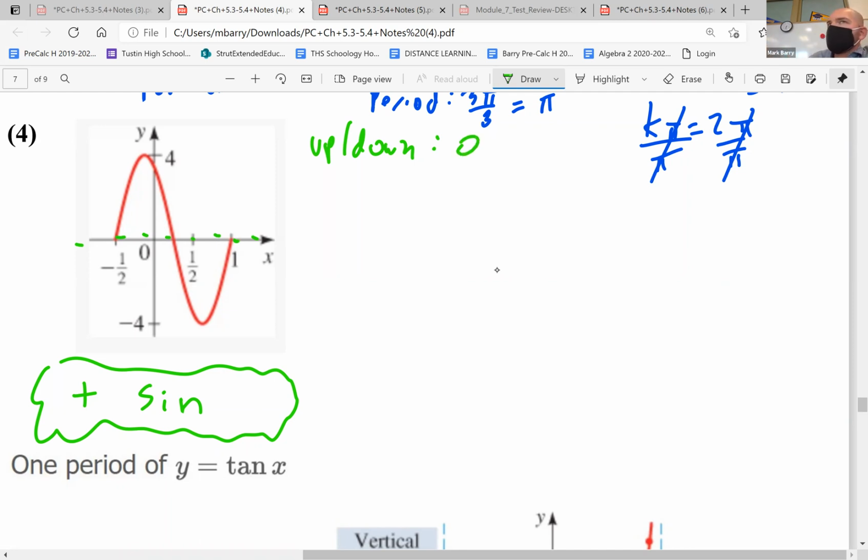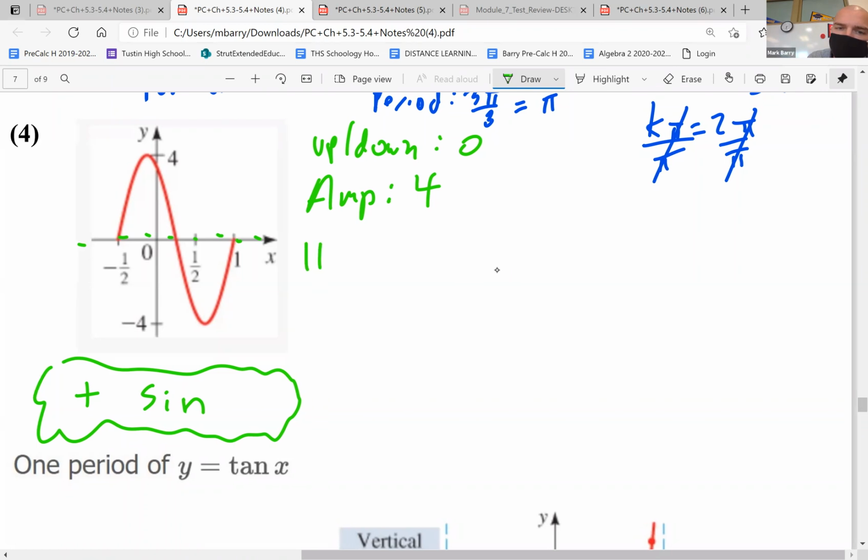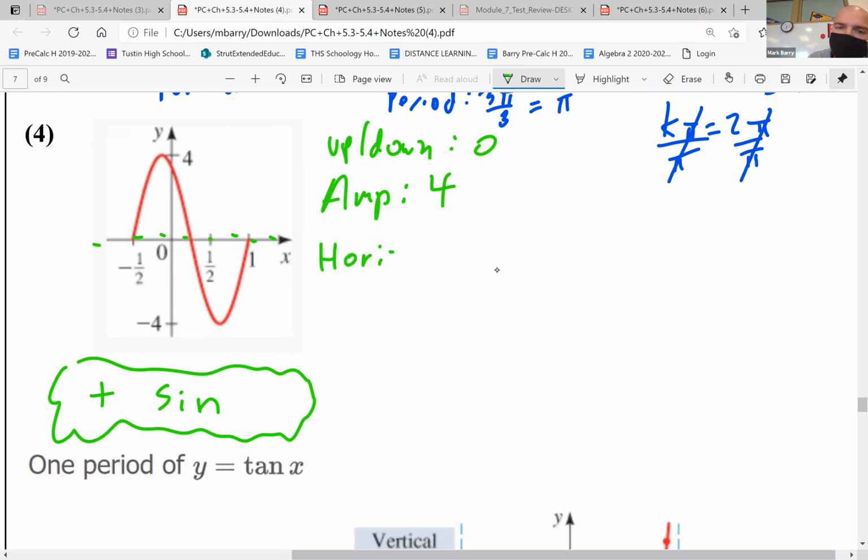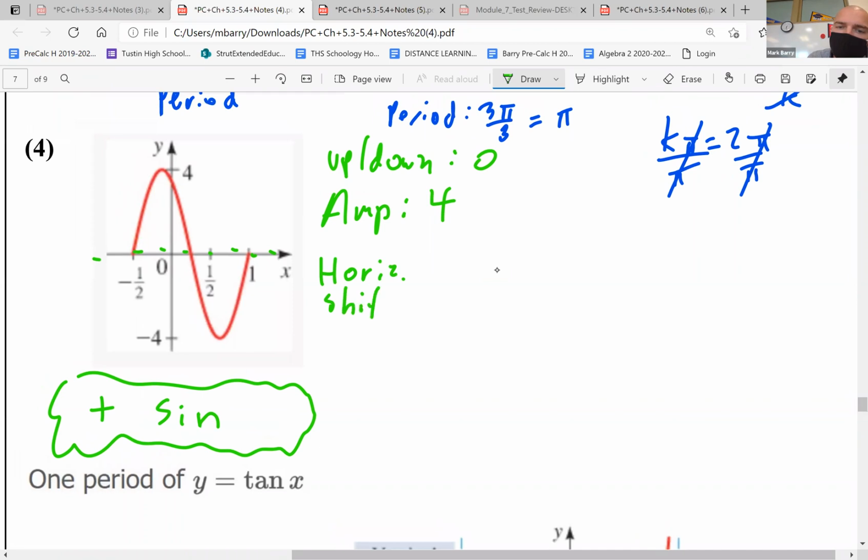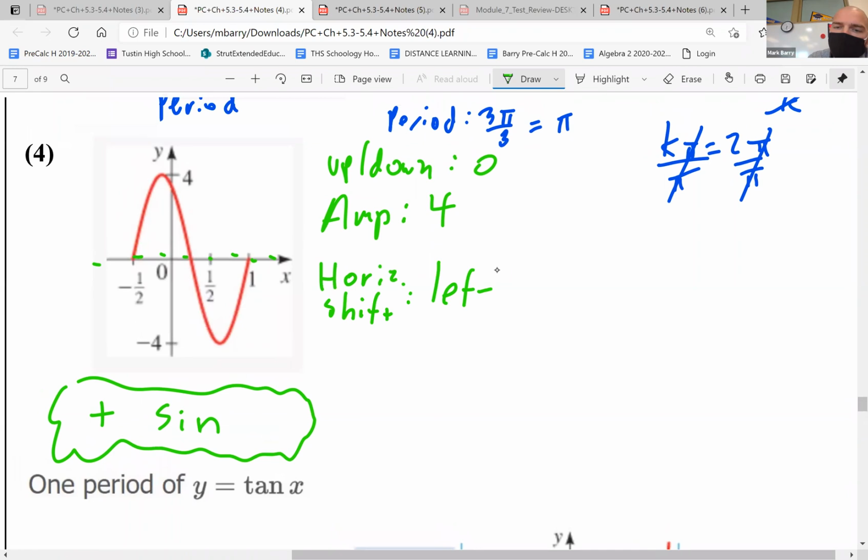The y values are 0. Amplitude, I got it at 4. For the horizontal shift, I have left 1/2.